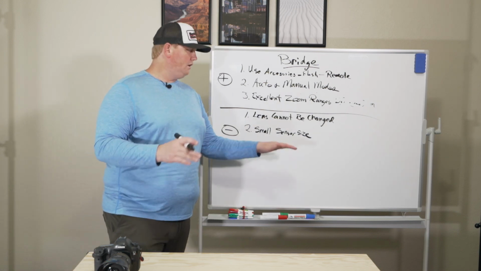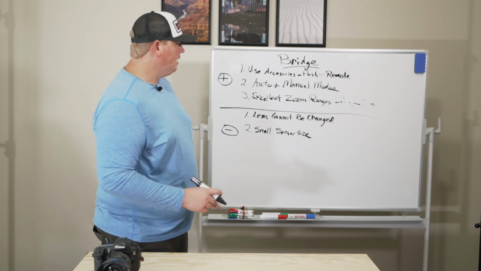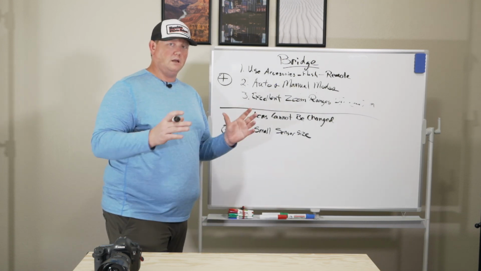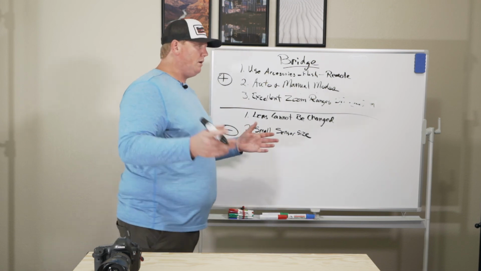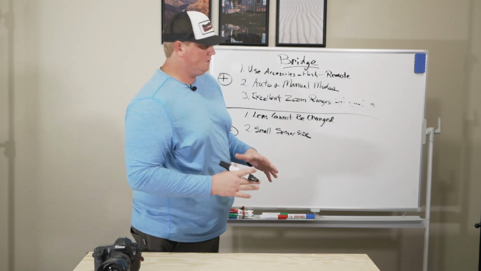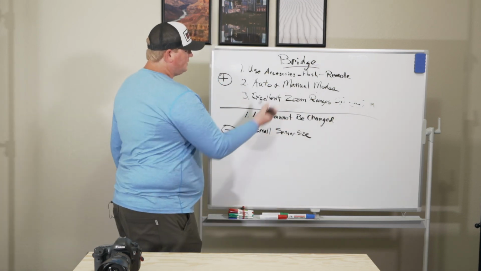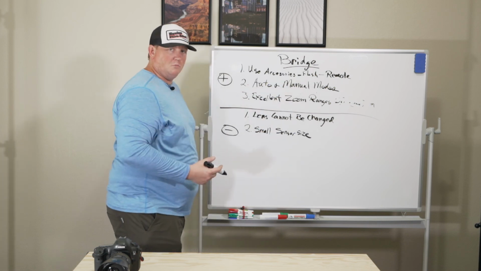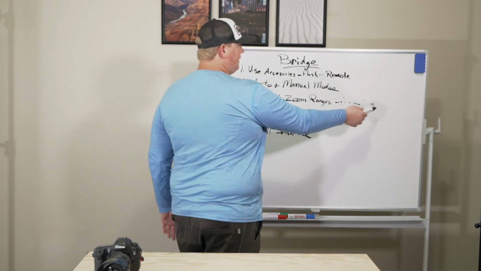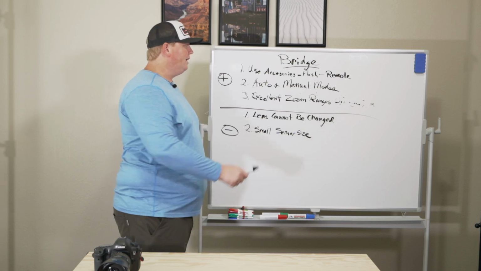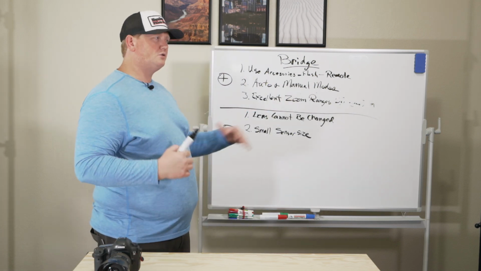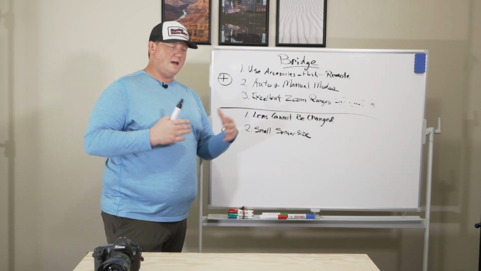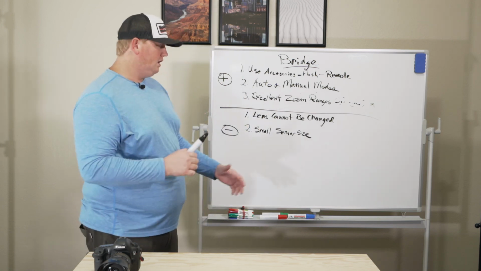So I didn't want to put that as a negative there, because I've shot some that have a very nice APS-C, we'll get into that, but a fairly big sensor size, and that's fine. But these guys, most of them are going to have a small sensor size, and that's one of the reasons they can get away with a big lens like that, because the sensor size is so small, so it's easier to fit that much glass in a small space. We can get into that.